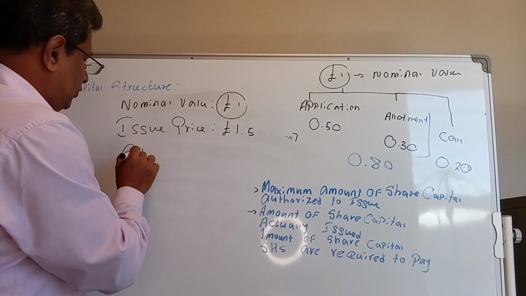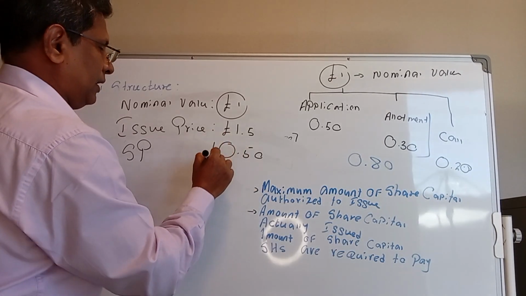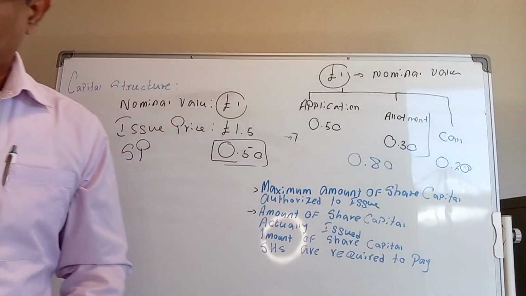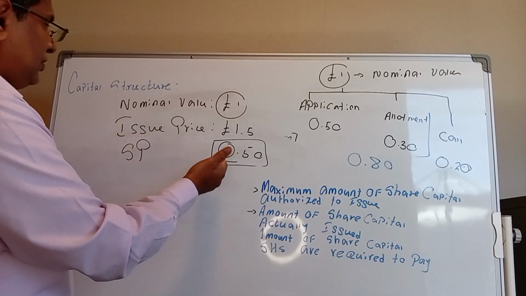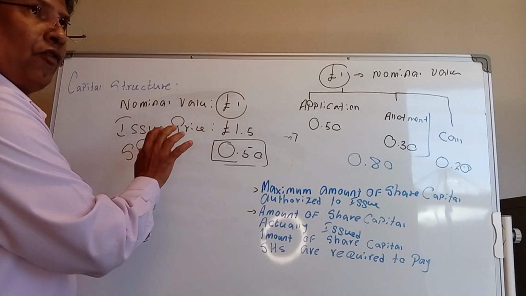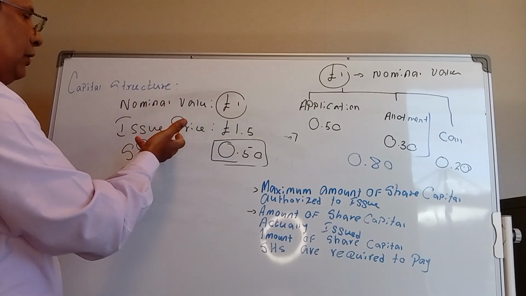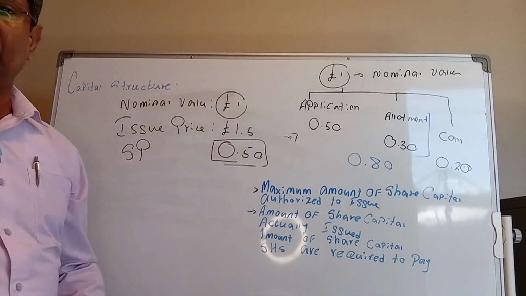Then you see there's a difference of 0.50, and that is your share premium. When the issue price is greater than the nominal value, there comes a share premium.